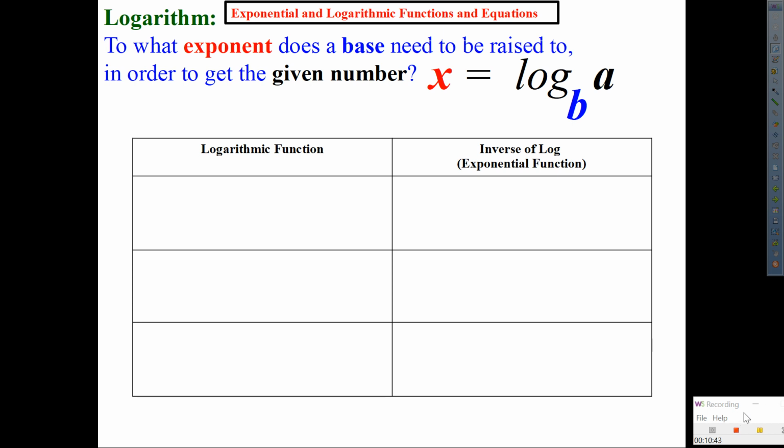Copy that, set up that table. I'll give you a couple minutes. Go. Once again, the first log, you're going to write it here in the column for logarithmic functions, and then we're going to rewrite those as exponentials.